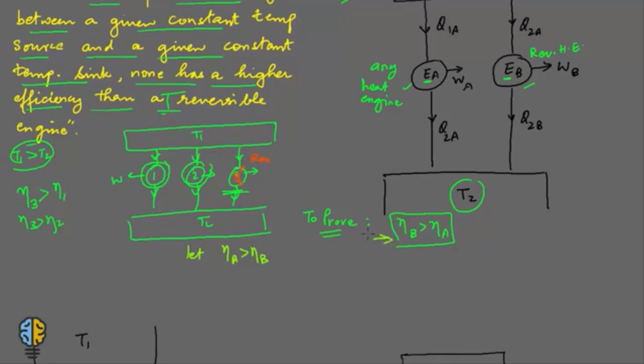Alright, so we can assume that the rates of working of the heat engines, that is EA and EB, are such that Q1A, that is the heat which is being absorbed by engine EA, is equal to Q1B, that is the heat absorbed by engine EB, and this is equal to Q1.